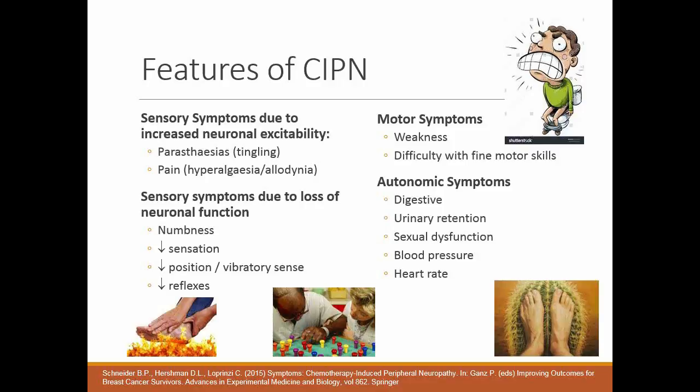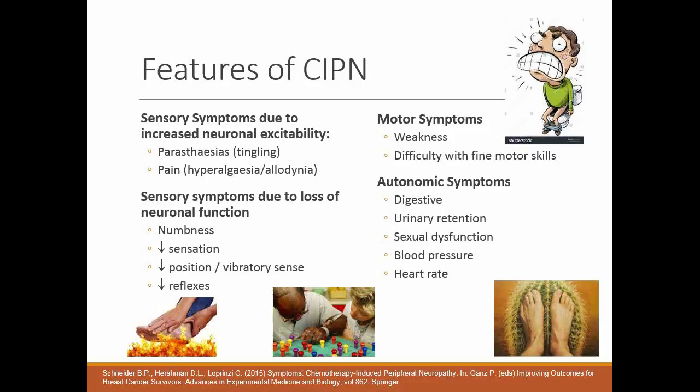We also have decreases in neuronal function, so numbness, decreased sensation, decreased position and vibratory sense, and decreased reflexes. And although motor symptoms are relatively rare, weakness and difficulty with fine motor skills are the most common. However, the difficulty with fine motor skills might be due to numbness, that they can't feel what they're trying to manipulate.